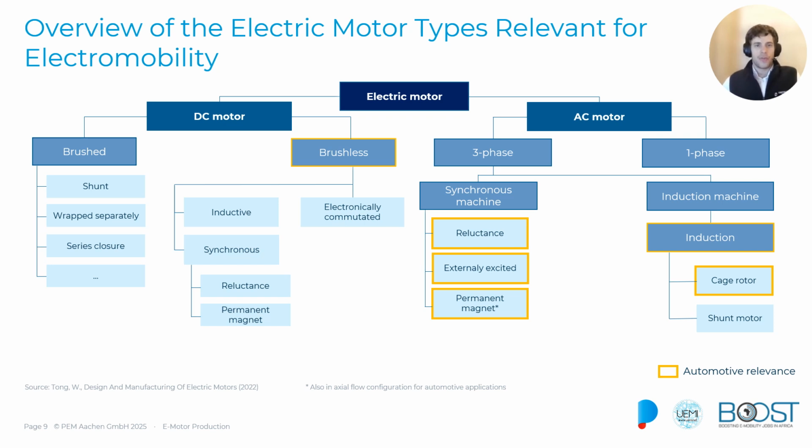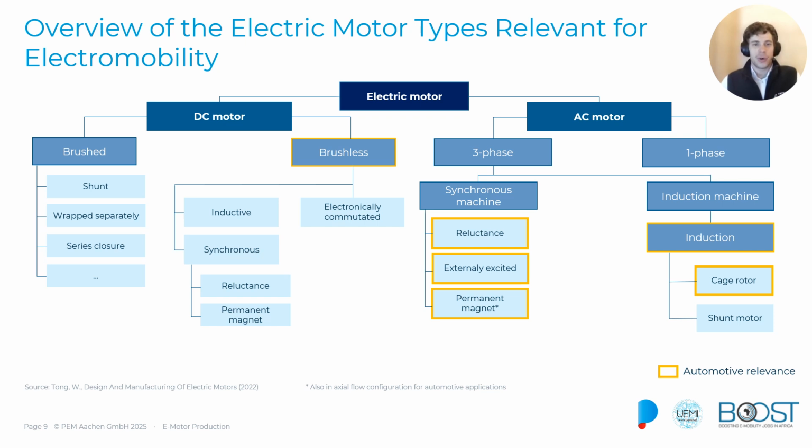Let's start with an overview of the relevant motor types. We can divide between AC and DC motors. We can say that for automotive applications, only three-phase AC motors are relevant because of the rotating magnetic field in the stator, which we learned about in chapter 1.